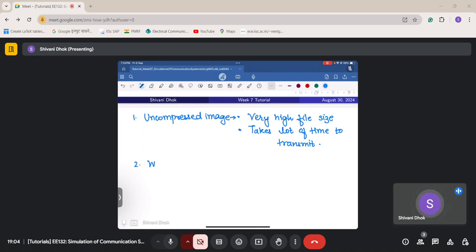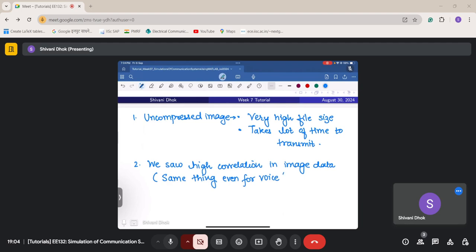Then we saw high correlation in image data, and we have similar observations even for voice and video.